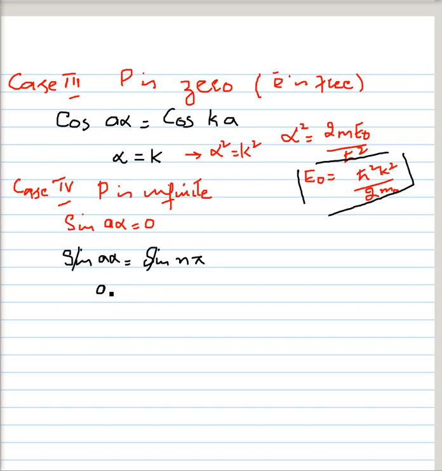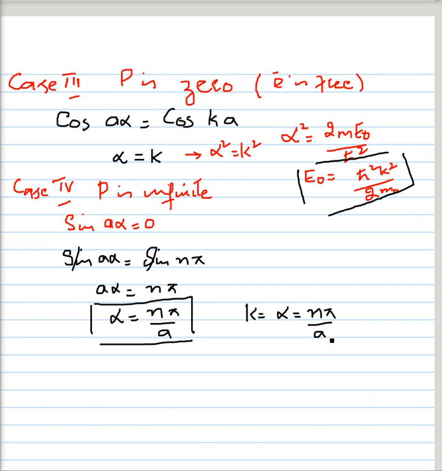Sine and sine will cancel out. A alpha will be equivalent to n pi, so alpha will be equivalent to n pi upon a. This is a very important result, which gives you that alpha with a spacing of n pi by a will have a solution. So k equals alpha equals n pi upon a. What is a? A is the lattice periodicity, n is an integer, and pi is a constant.